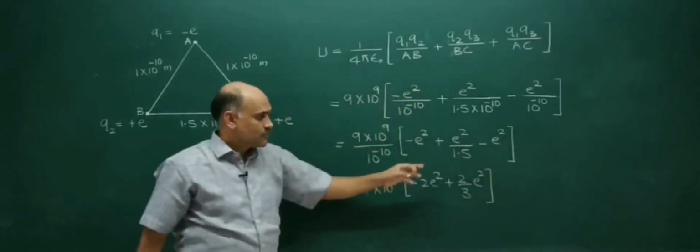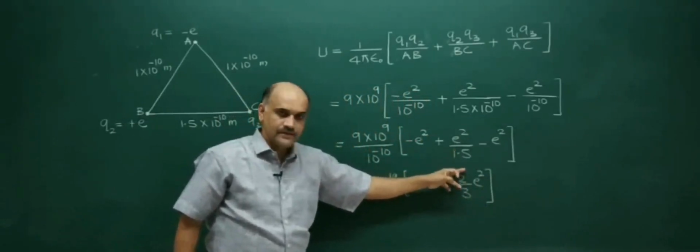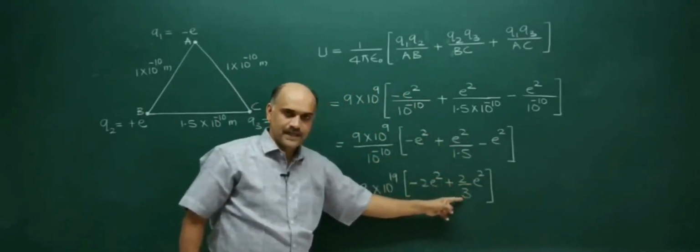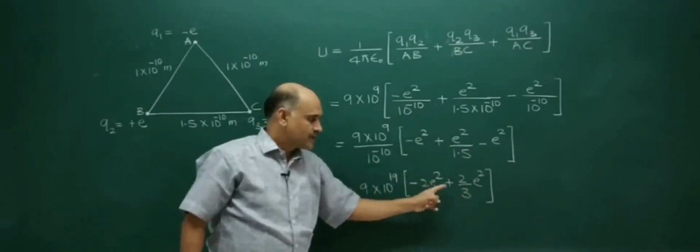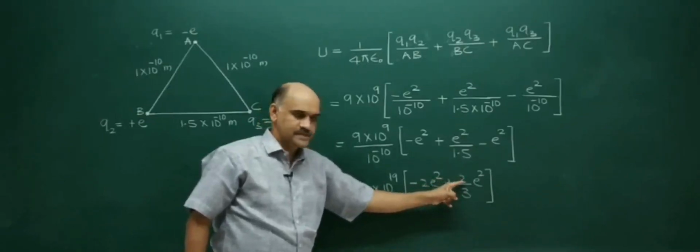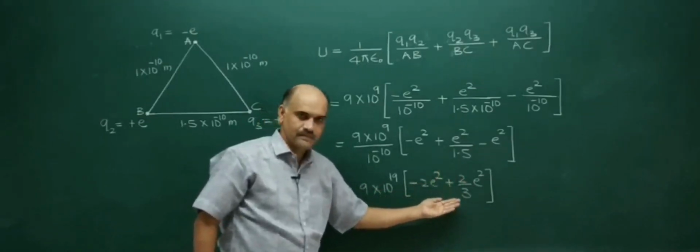Clear, students? 1.5 is 3 by 2. 2 I have taken to the numerator, so 2e square by 3. If you take LCM, you will have minus 6 plus 2, that is minus 4e square by 3.